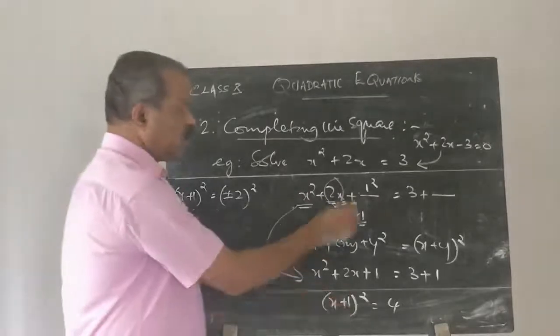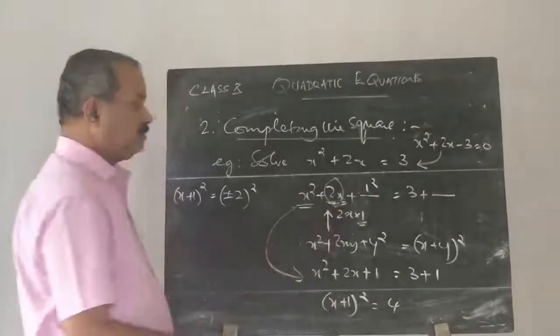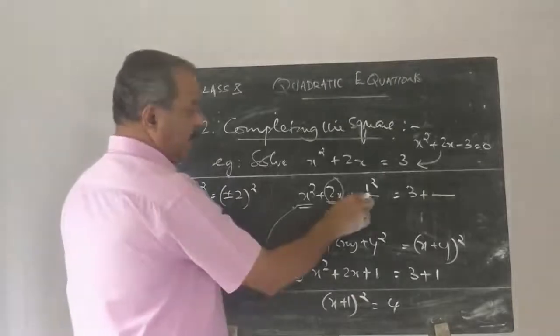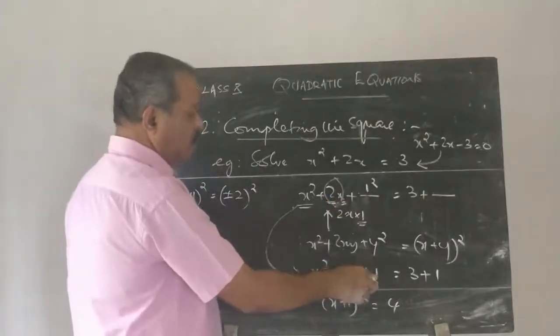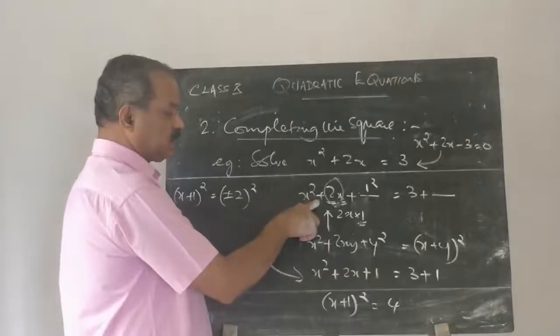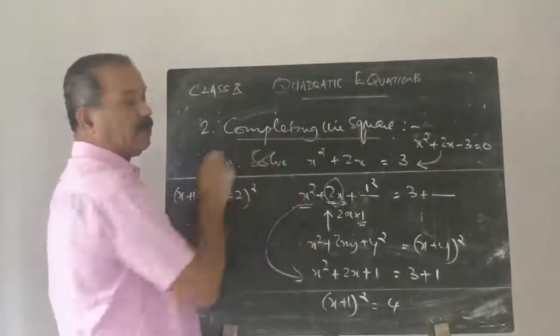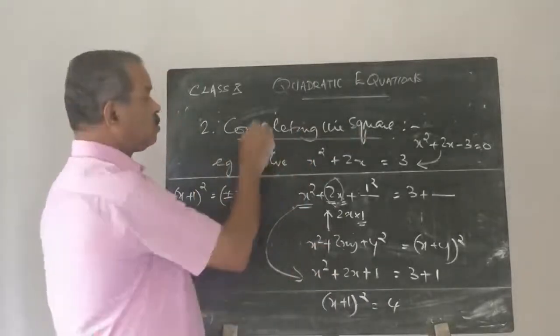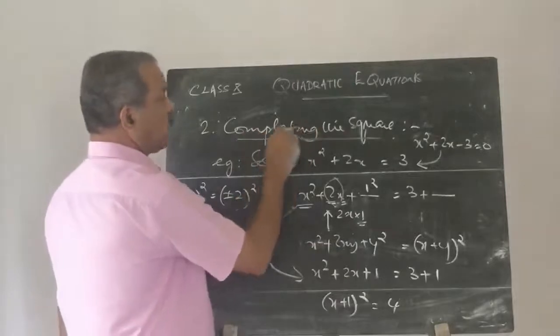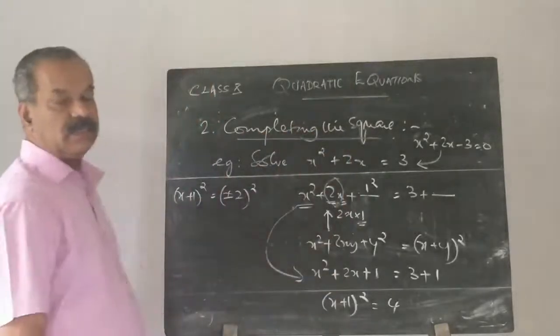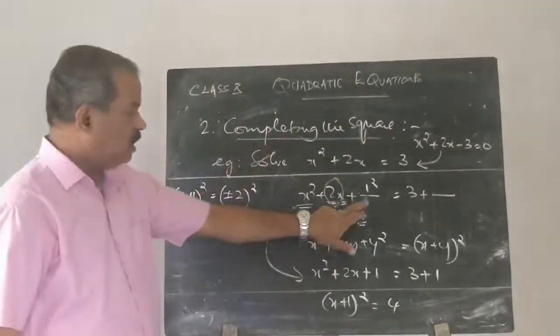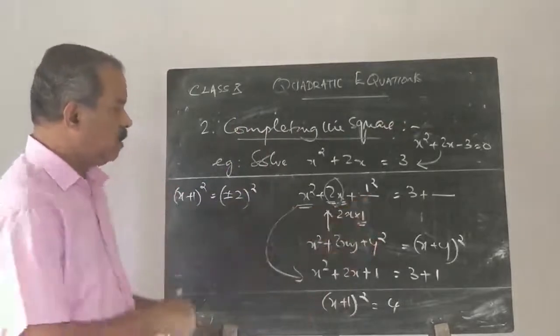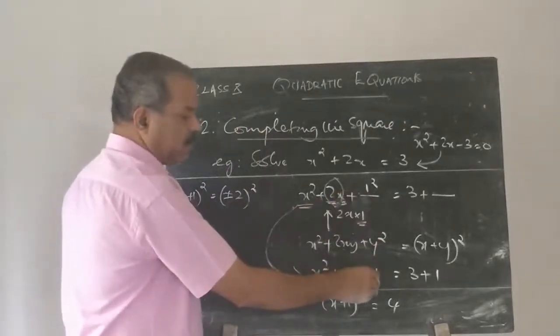By adding 1 square, we have completed the LHS as a square. So that is why this method is called completing the square method.